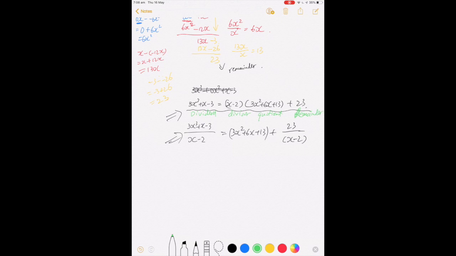Alright, so then we can make it more general, because you see here this is actually a function, so we can use D for dividend. D of x is the dividend polynomial function.